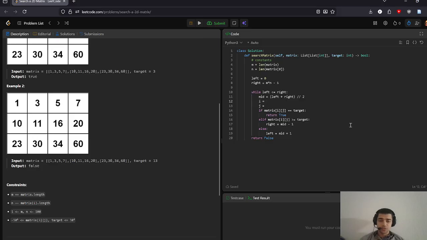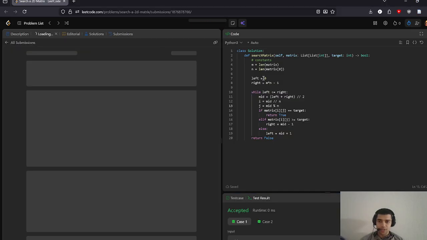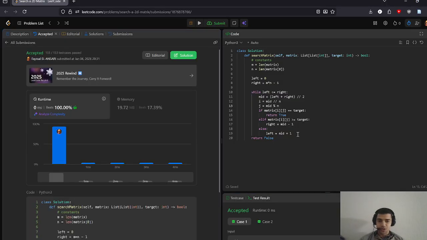So i is to the left, so i is the mid integer divided by n, and j is the mid modulo n. And this should work. Okay, all good.